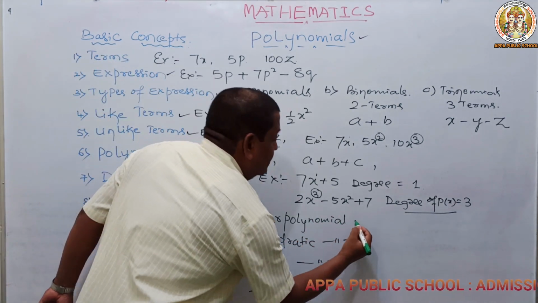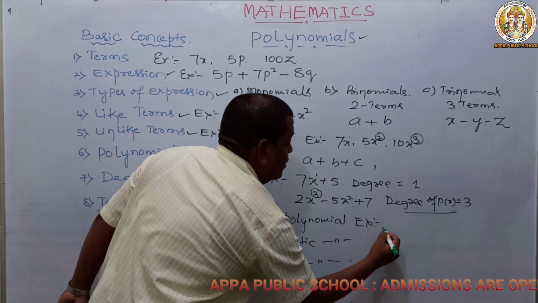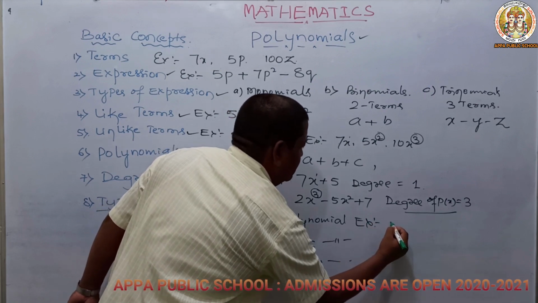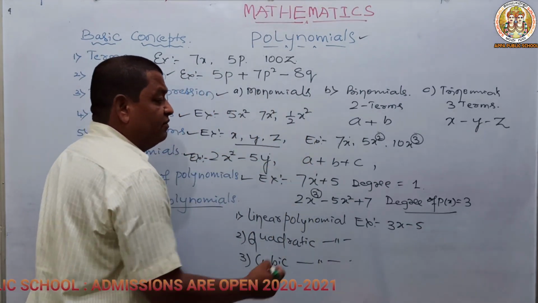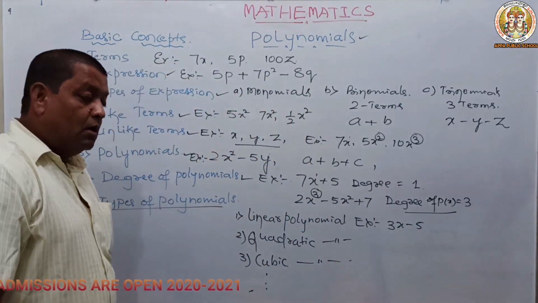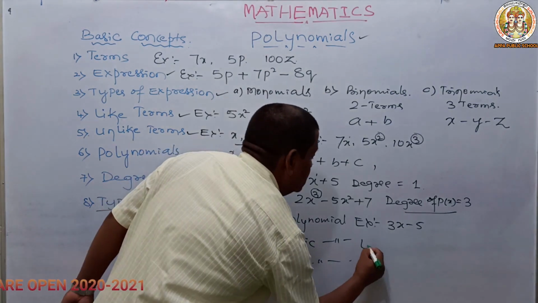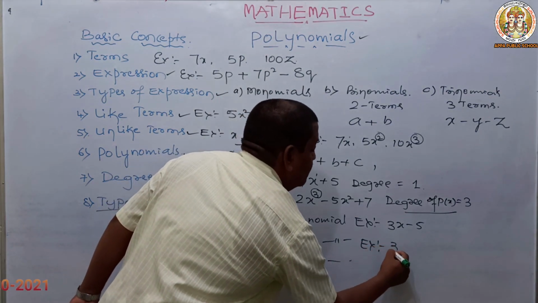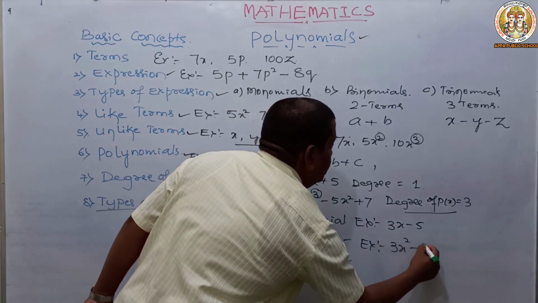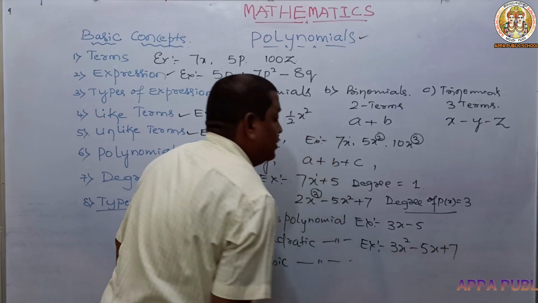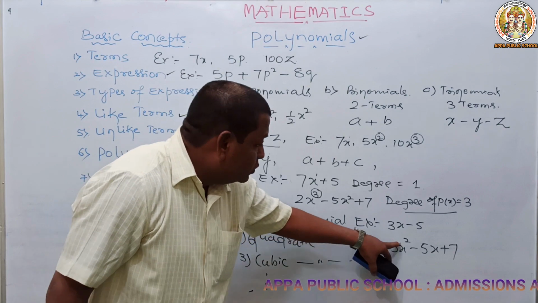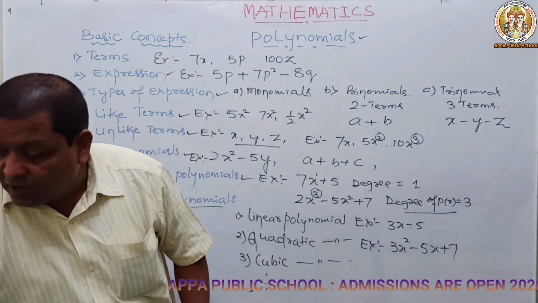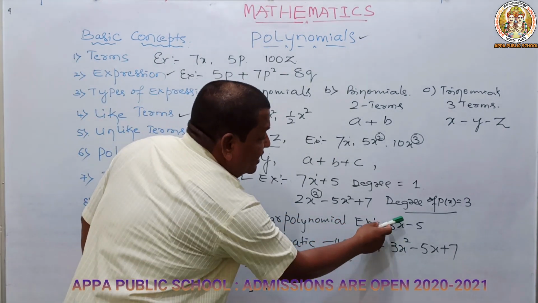Okay, example. You can go with 3x minus 5 because degree is 1. For this, it's a quadratic polynomial. Here the degree is 2. So we have to concentrate on the degree. Here degree is 1.